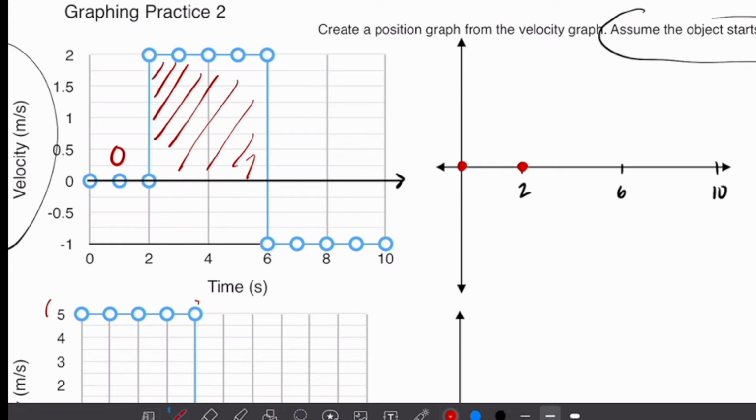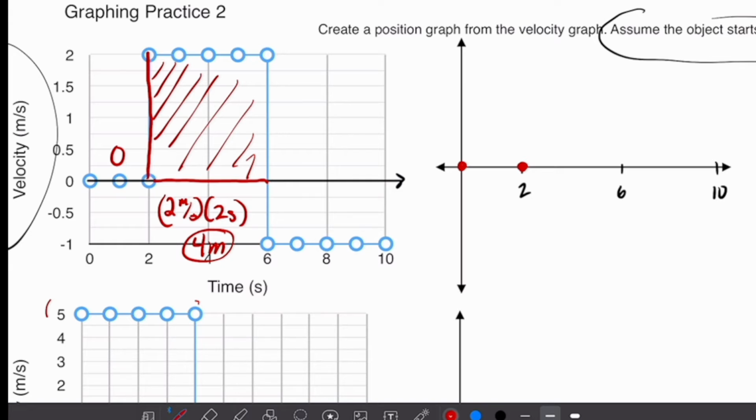But in this other area, the object was traveling at 2 meters per second for 2 seconds. That suggests a displacement of 4 meters.